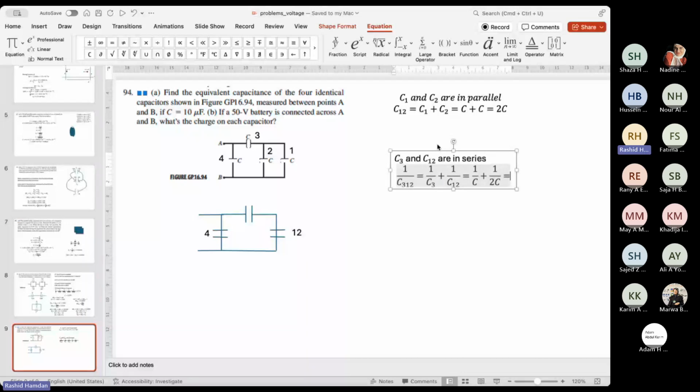So I have 3 over 2C. So C312, I reverse this, it's equal to 2C over 3. Meaning two-thirds of C. It has to be less than C because C3 is C. So it's less than 1. So it's 2 over 3 C.